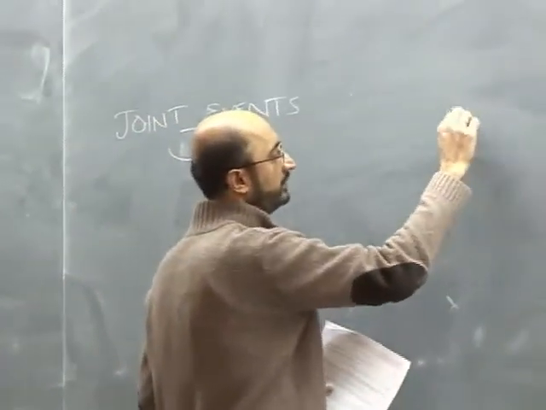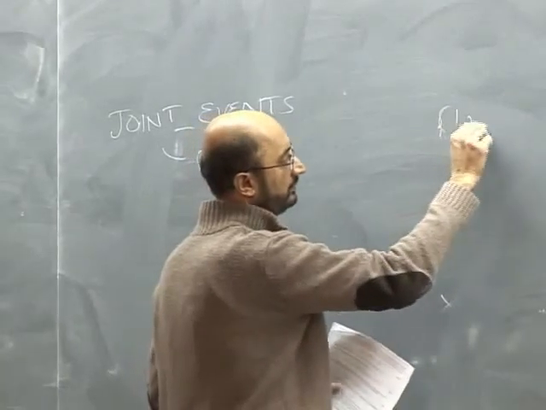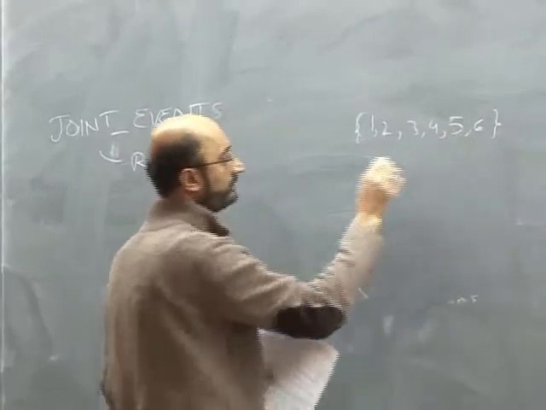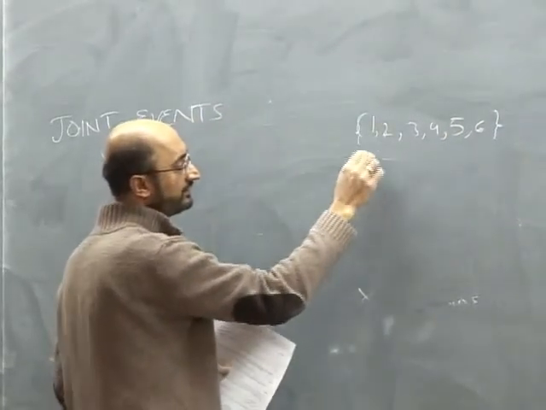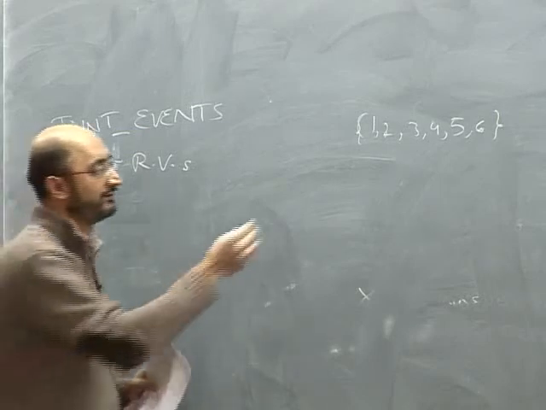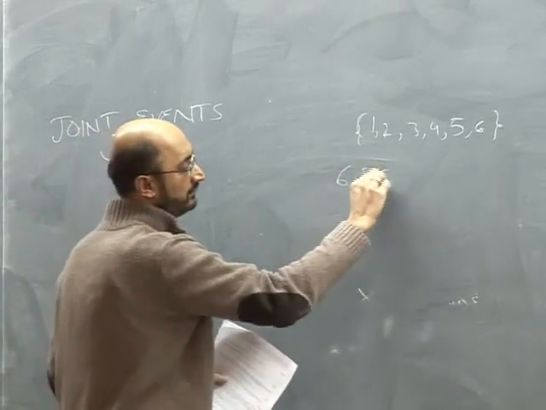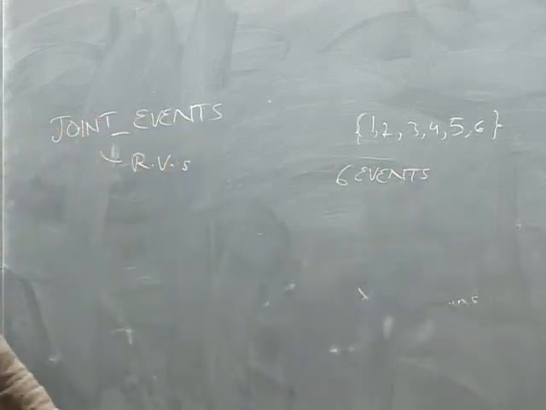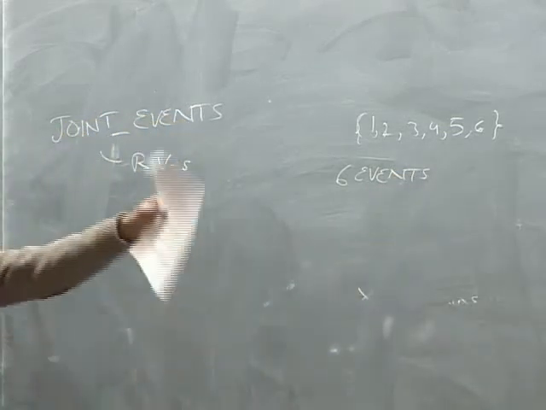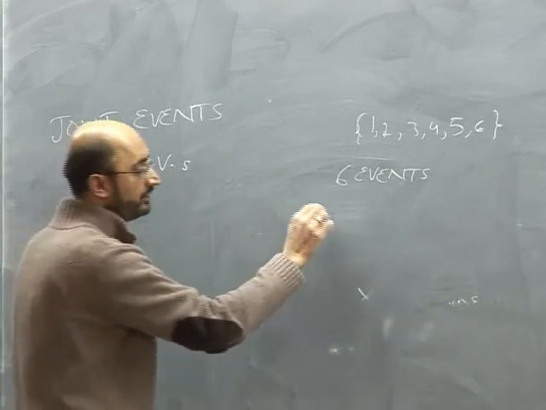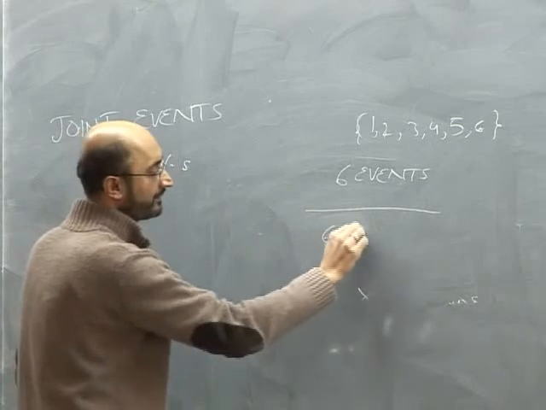I have 6 outcomes, and for the sake of simplicity, I'll call each outcome an event. So I have 6 events. And then let's say I roll the die again.